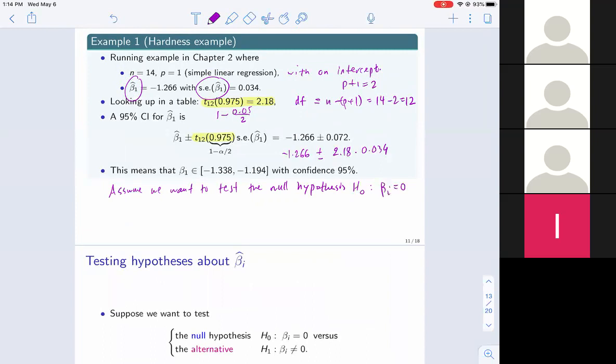I want to test whether beta i is 0 or not. One approach is to test at a certain level, at level alpha. At level alpha means I want to have the type 1 error probability be at most alpha.